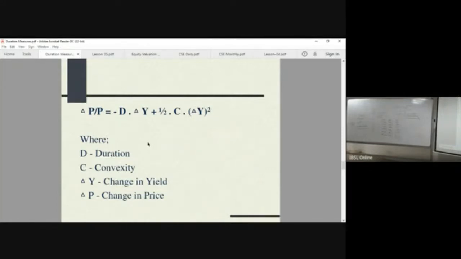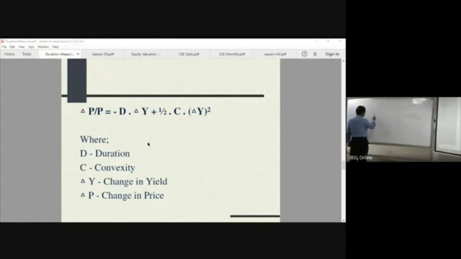Now I will show you a small rearrangement here, because that could be simpler for you. You can remember that we had an equation like this.